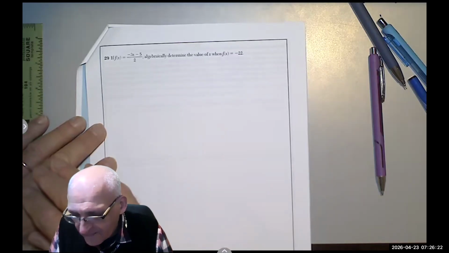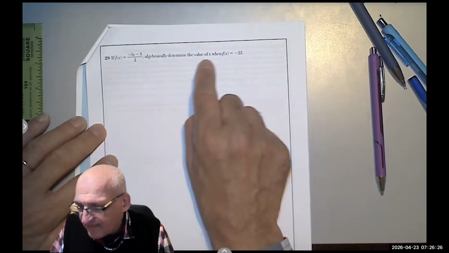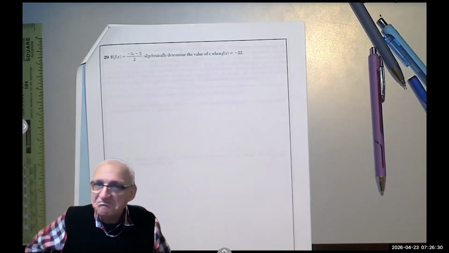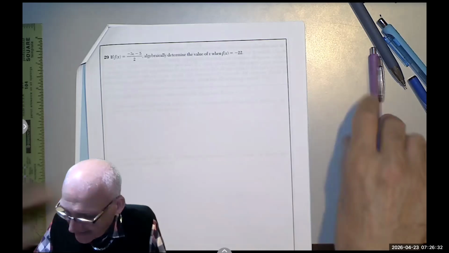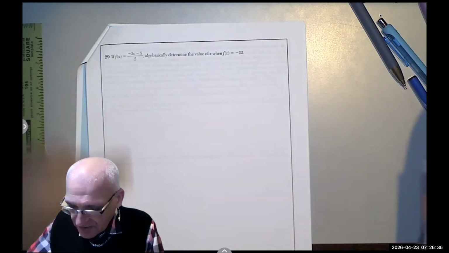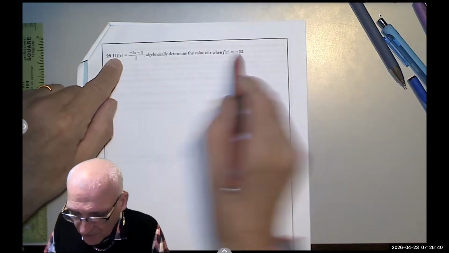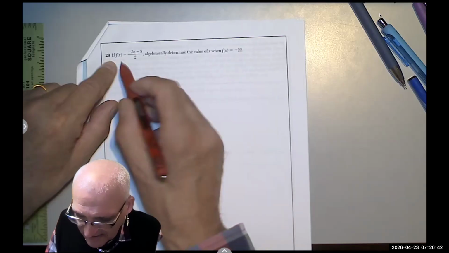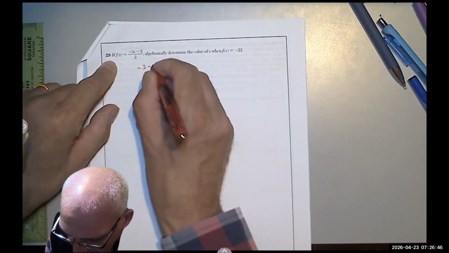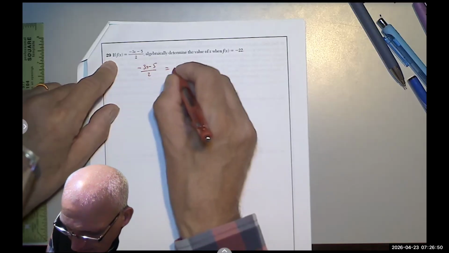Question number 5. If f of x is that, algebraically determine the value of x when f of x equals negative 22. Couldn't be any easier. So they tell you at this point, when f of x equals negative 22, they want the value of x. So since this is f of x and this is f of x, you say negative 3x minus 5 over 2 equals negative 22.